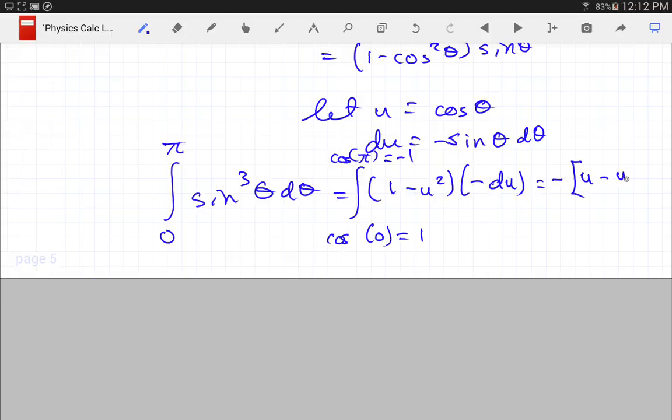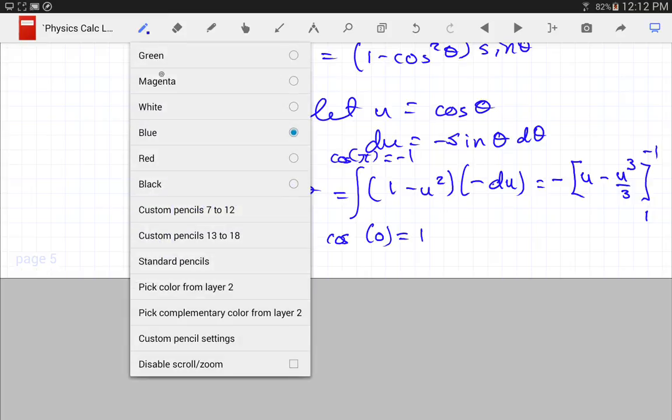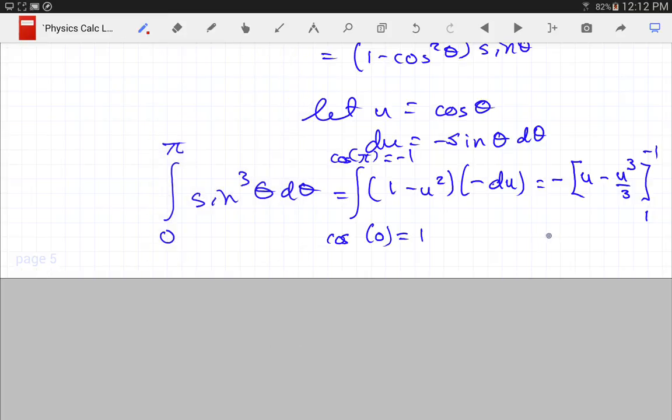U minus u cubed over 3, from 1 to minus 1. Put in your limits. Okay, minus 1 cubed is still minus 1. So that's why this is a plus sign here.